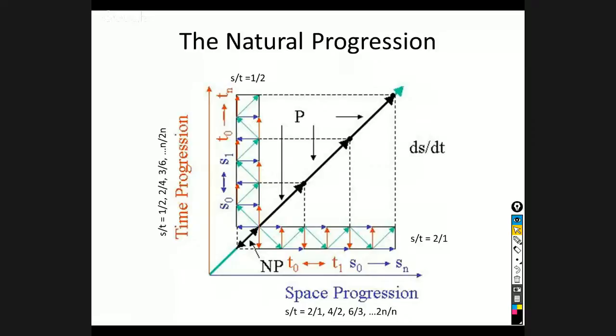So we represent that here in the horizontal axis, and we also represent the expansion of time in the vertical axis. And what that gives us, with the right expansion, is c, the speed of light, as 1 unit of space for 1 unit of time. And so the result of a change in space and a change in time of 1 unit each gives us this line, and that represents the speed of light, c.